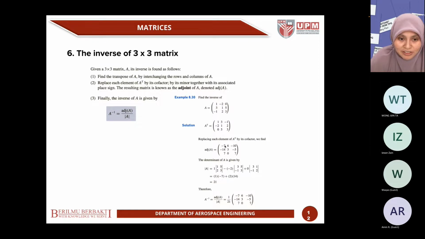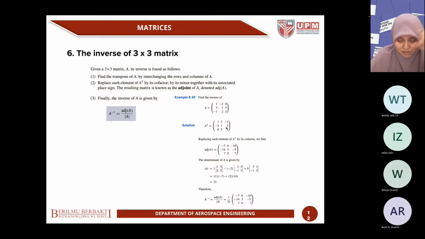Minus 7. So we need to get the minor together with the cofactor. The first position here, 1. It's like we slash, remember just now when we did the determinants. We close the 1, 3, minus 1 and 1, minus 2, 0. Then we are only left with this square part, 1, 2, 5, 3.